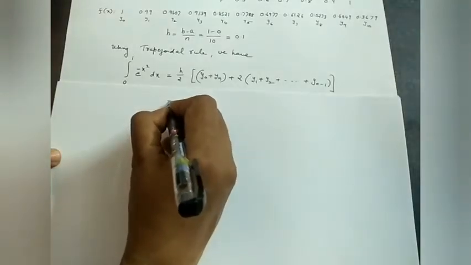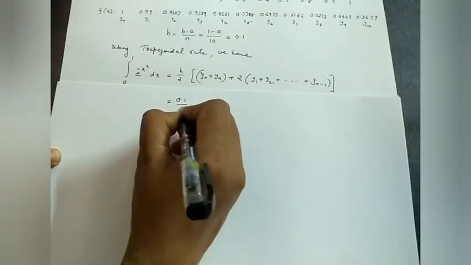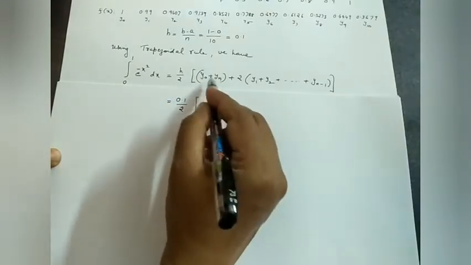Which is equal to h, 0.1, divided by 2 into y0 plus yn.